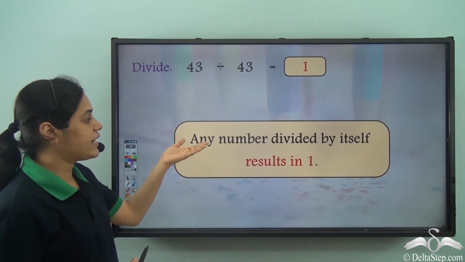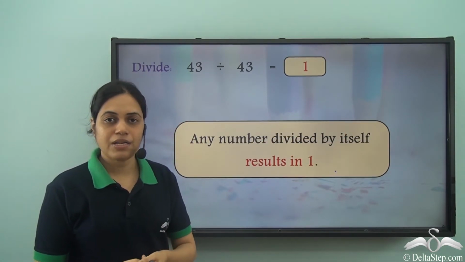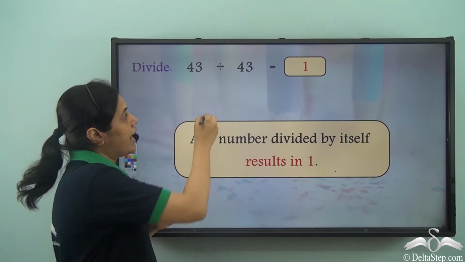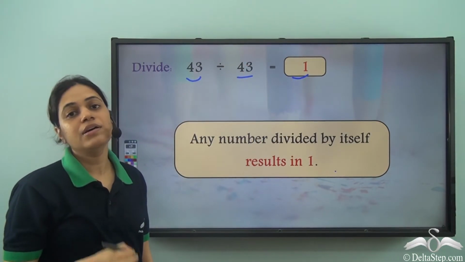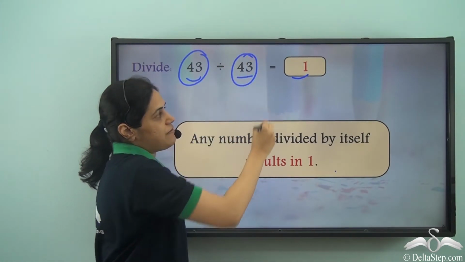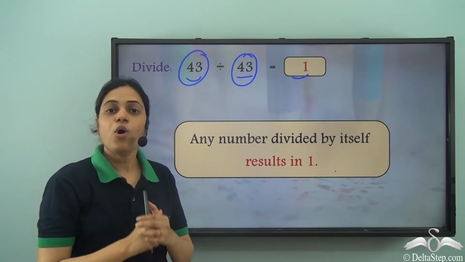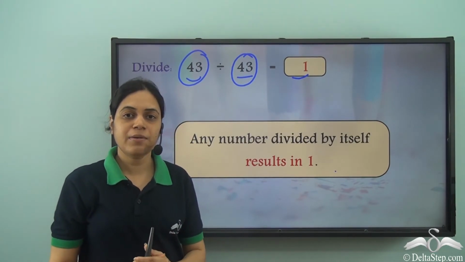And this means that any number divided by itself results in 1. So just like any number multiplied by 1 gives me the same number, similarly any number divided by itself gives me 1. Always, no matter how big or small that number is.